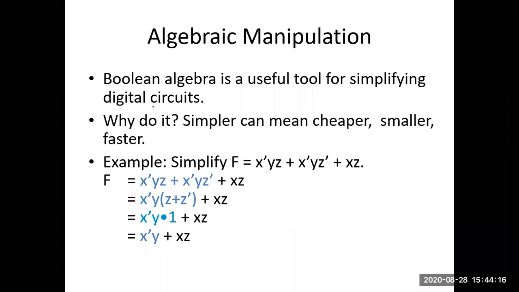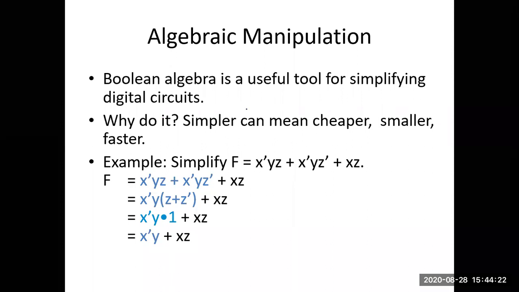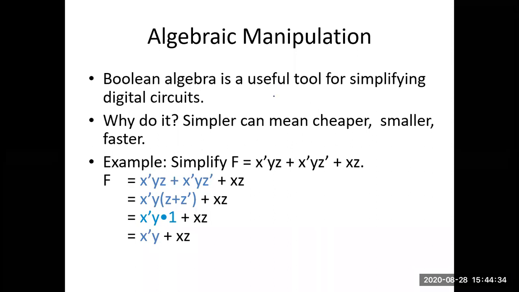So basically, algebraic manipulations are helpful to simplify any expression or to make a simplified circuit. Simplified means to design a cheaper, smaller, or faster circuit. For an example, take this f equal to x bar y z plus x bar y z bar plus x z.